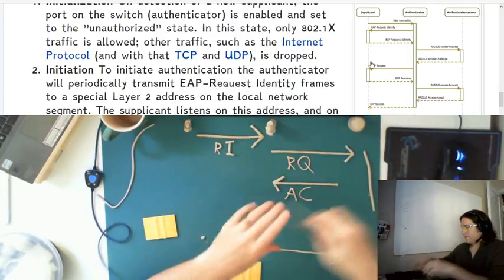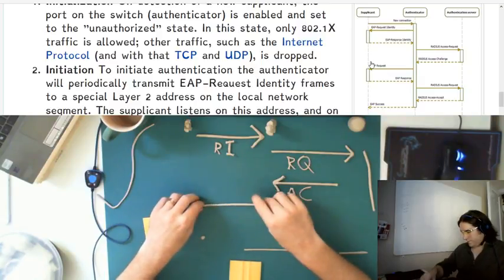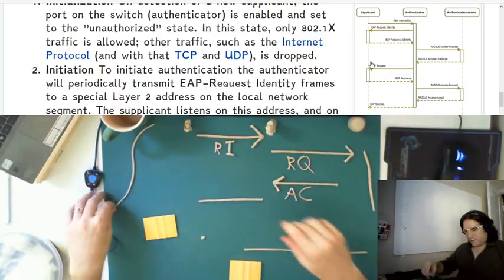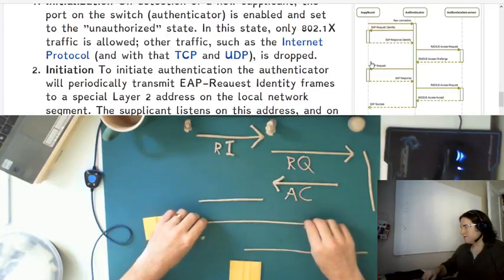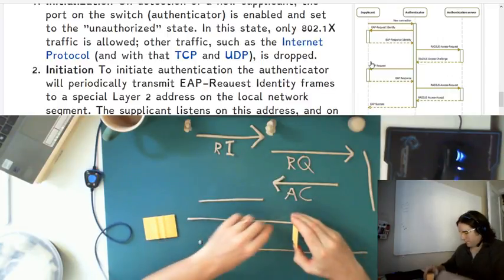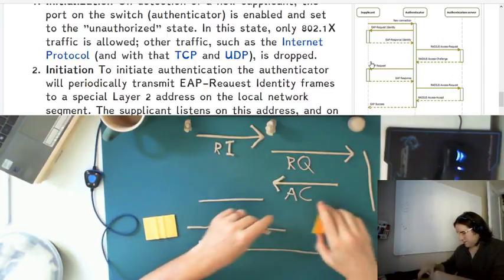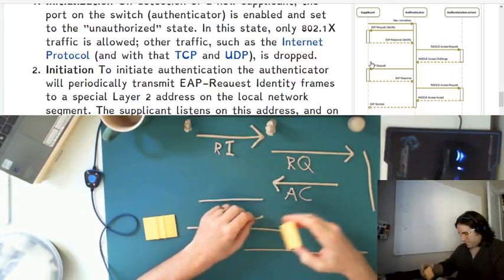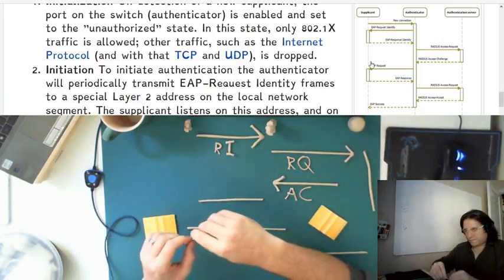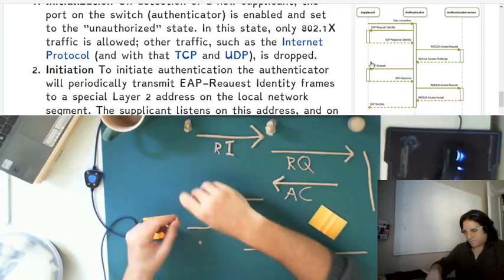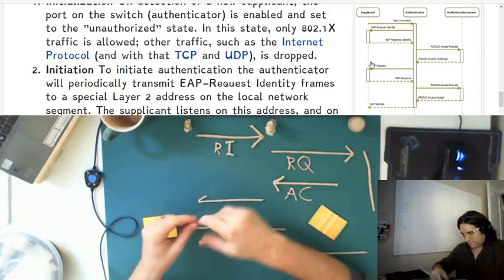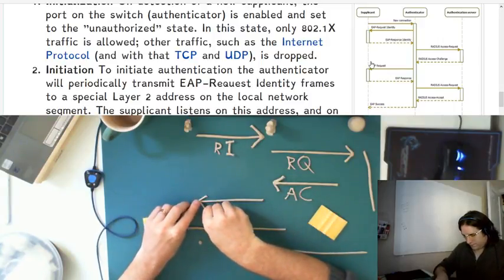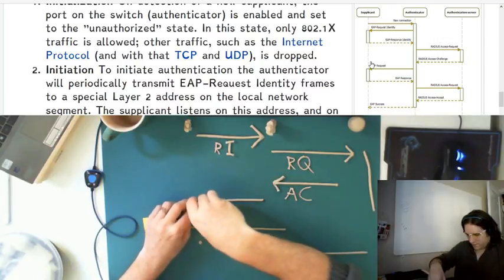And that turns into an access EAP request. All right, so that is an EAP request.